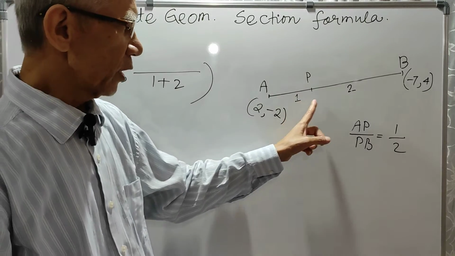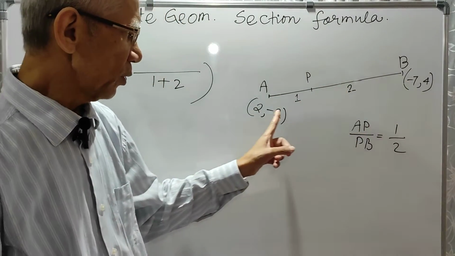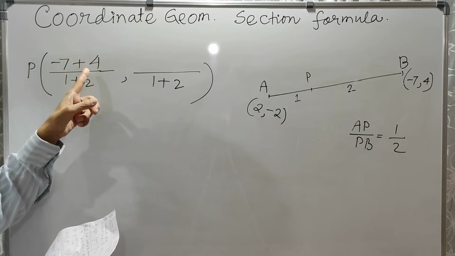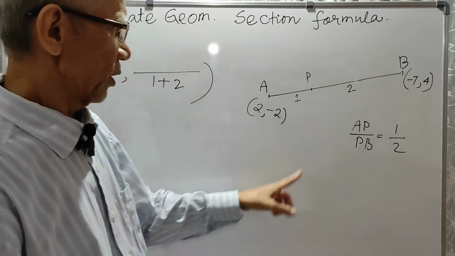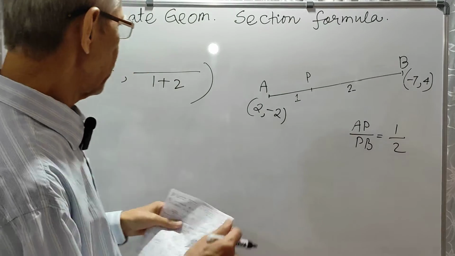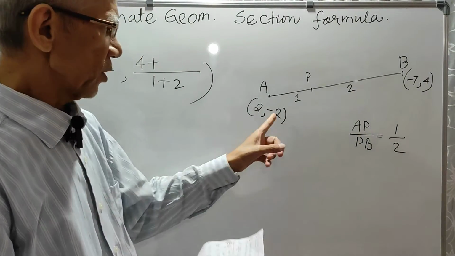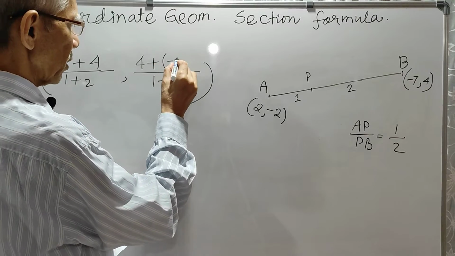Then for the y coordinate, 1 into 4 is 4, plus 2 into minus 2, which is minus 4.